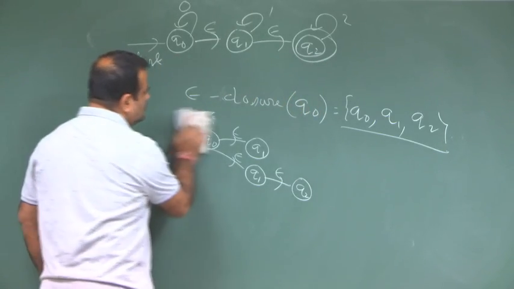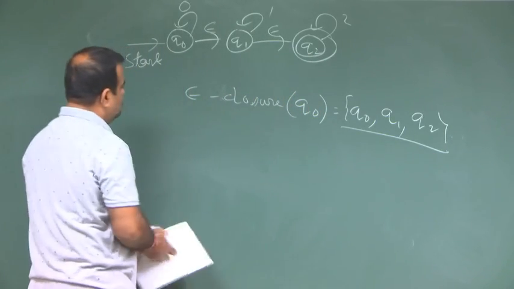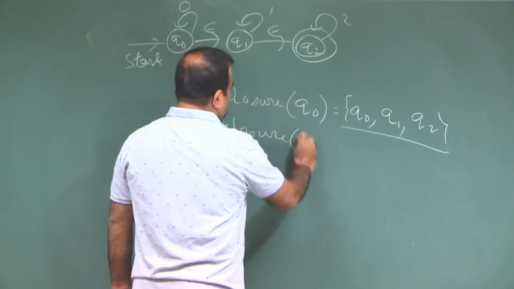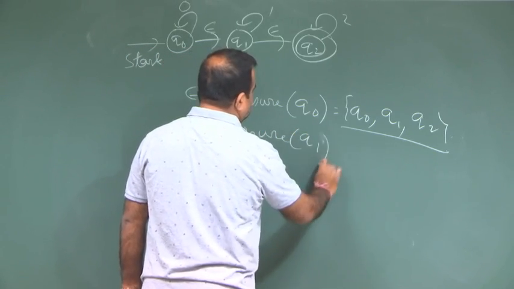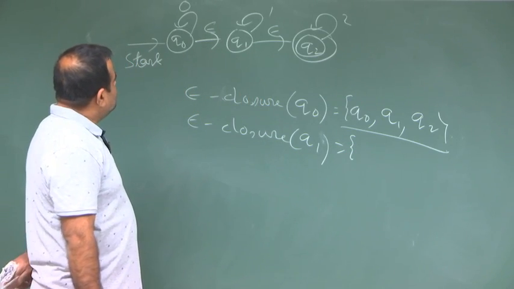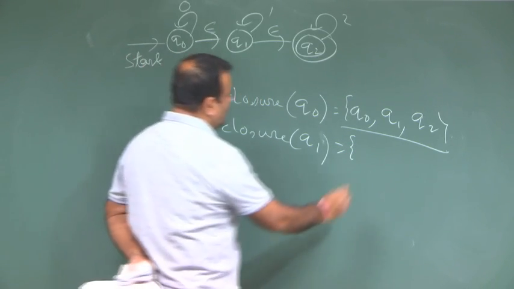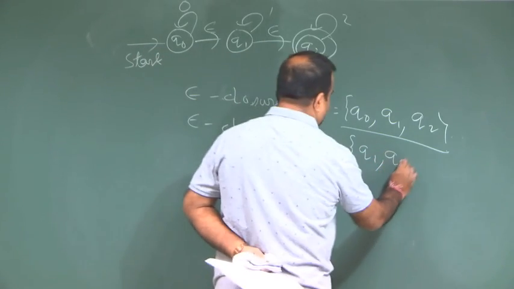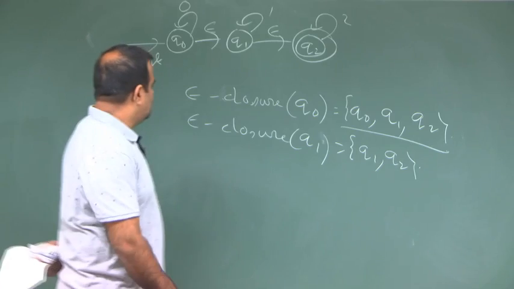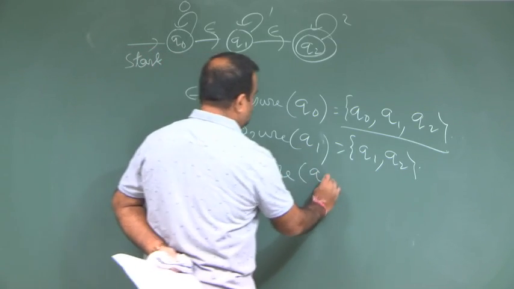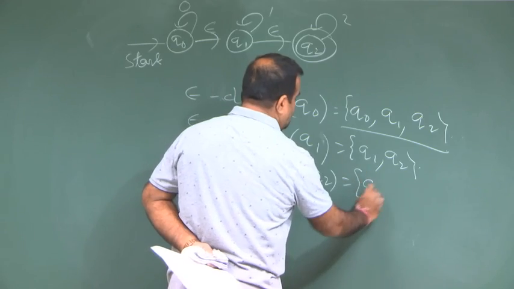Now, what is the epsilon closure for q1? It is q1 and q2. And the epsilon closure for q2 is only q2.